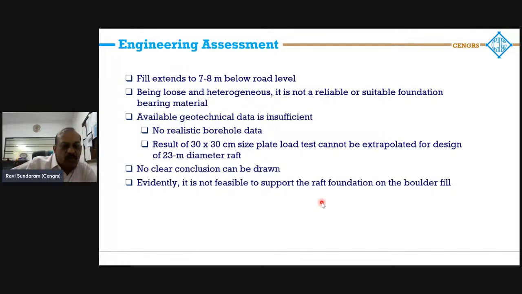No realistic borehole data. A result of a 30 by 30 centimeter size plate load test cannot be extrapolated to design a 23 meter diameter raft. So no clear conclusions can be drawn, and evidently it is very clear that it is not feasible to support this raft on this boulder fill.